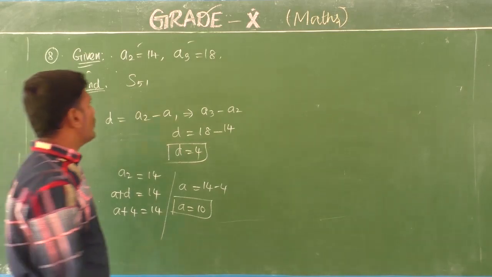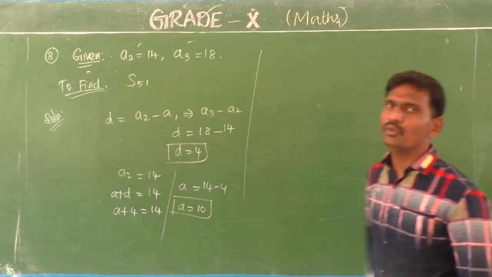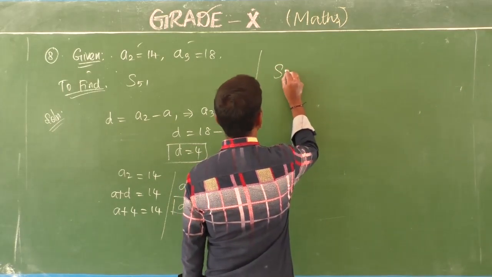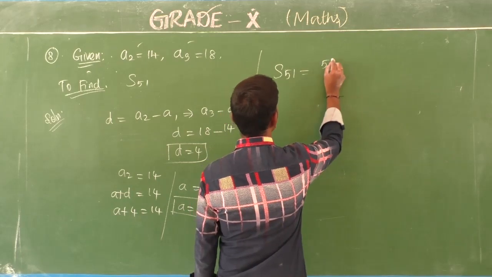Yes. Now what are we going to find? S51, the sum of first 51 terms. So S51 is equal to 51 by 2.